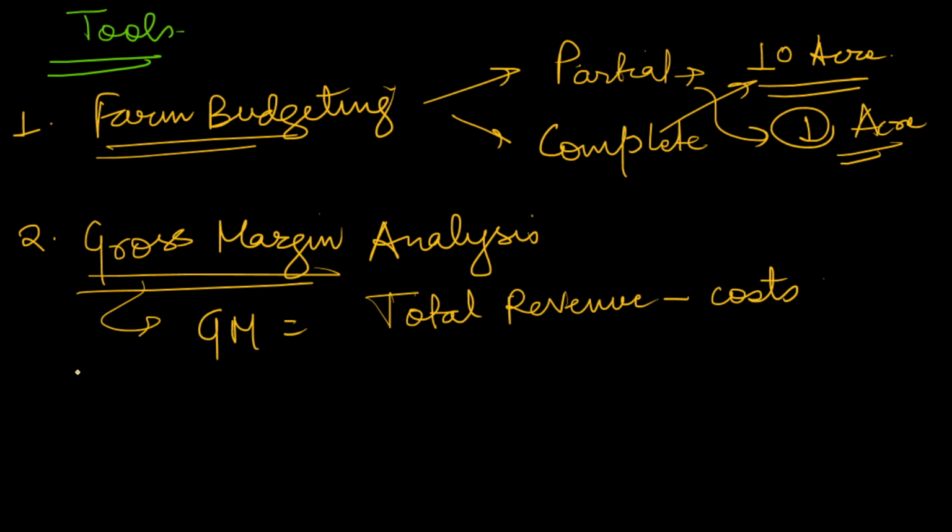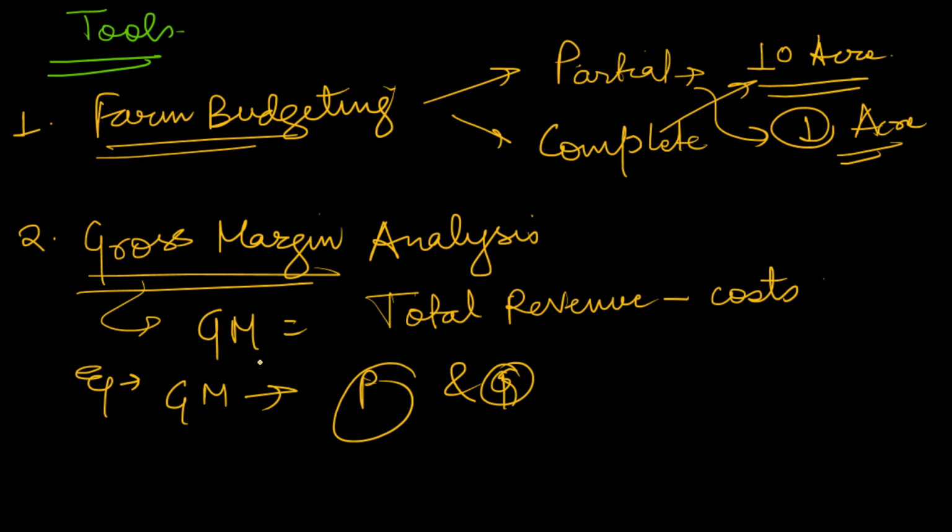So for example, through gross margin, you can compare various crops. Suppose we compare gross margins for paddy and groundnut for our farm, and according to it, we will select the crop. If the gross margin of groundnut is more than paddy, obviously we will go for groundnut. So this is how this works.